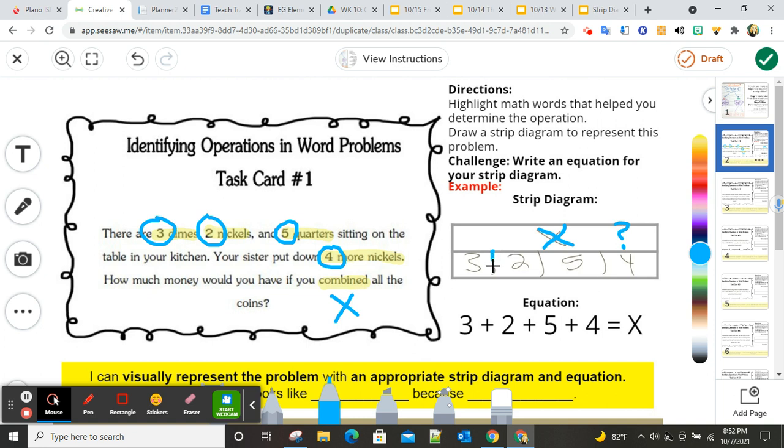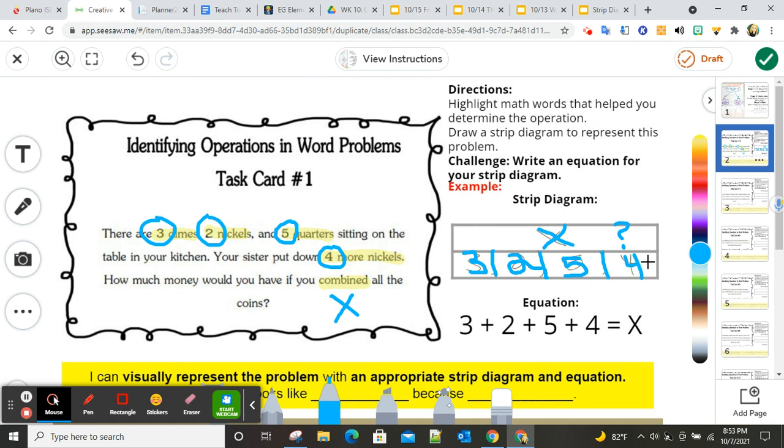Now we have 4 different numbers of coins. So that's why I've divided my bottom half of my strip diagram into 4 parts. So I have 3 coins, 3 dimes. I have 2 nickels. I have 5 quarters and 4 more nickels. So that would make my strip diagram.